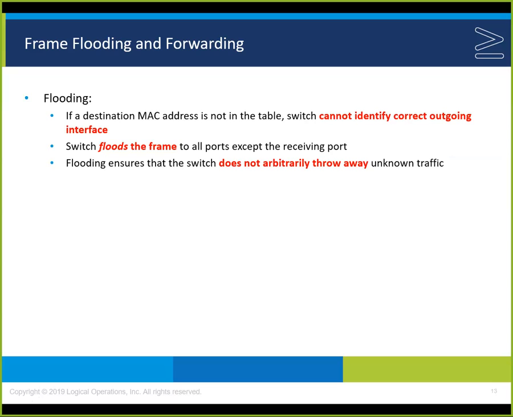I don't know where it goes, so it's going to flood it out. It may not go anywhere. It may, in fact, be traffic that doesn't do anything for us. But instead of throwing it away on the switch, we'll go ahead and forward it out or flood it out. Flooding is a term that you will hear for going out all these ports. Forwarding is the term we'll hear for it going out a single port.